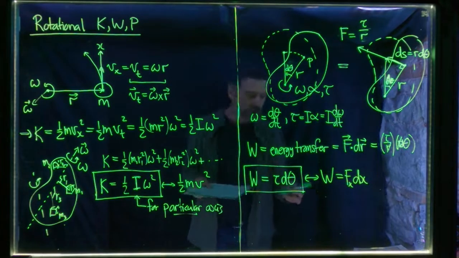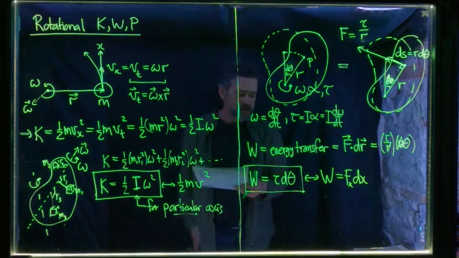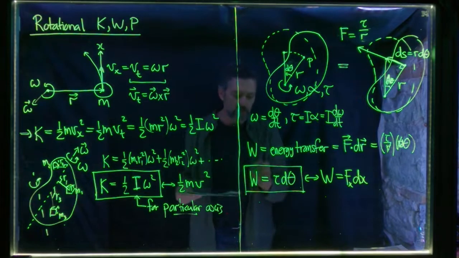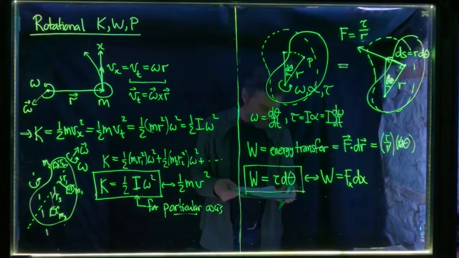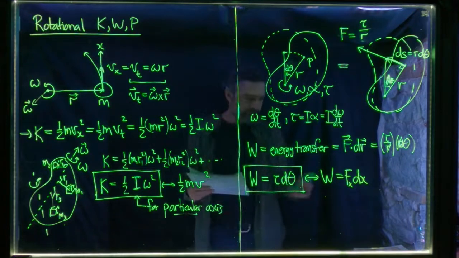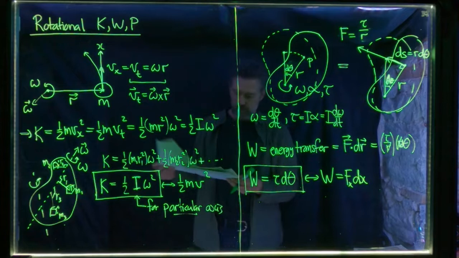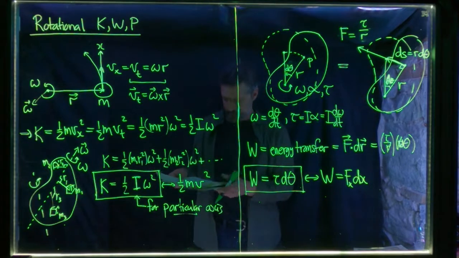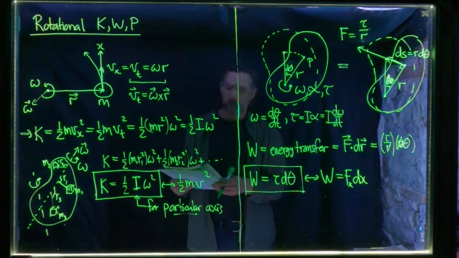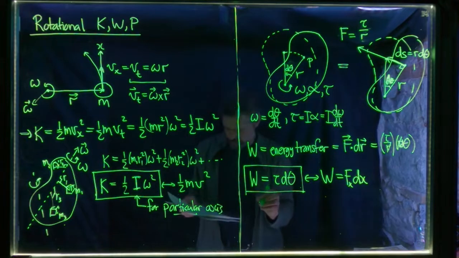Okay, and so I guess one thing to say here is that this work can be positive or negative. I'm going to run out of room here. Well, let's just do this down here.